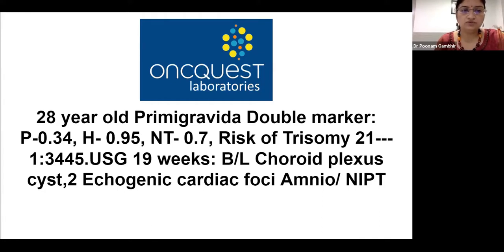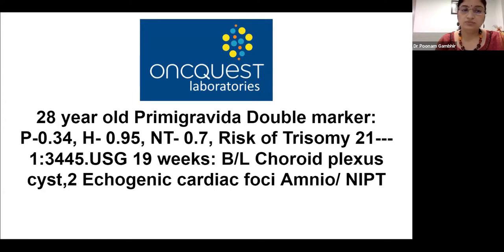But this 1 in 3,445 is a combined risk because the NT is within the range, and the 0.7 MoM is making the entire risk go down to 1 in 3,000 something. Above that, if we add the information of 2 soft markers for aneuploidy in the level 2 anomaly scan, then together in this picture, obviously I will give them the gold standard invasive testing option. That will be the most favorable in this scenario.